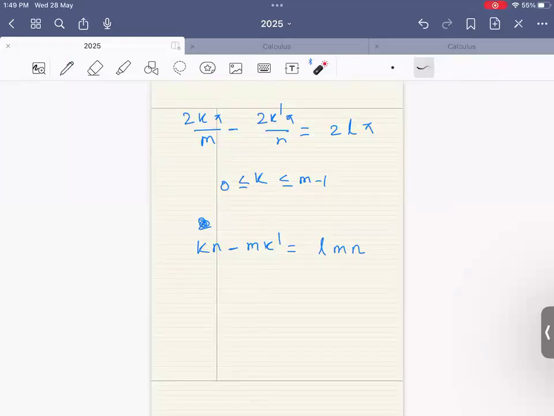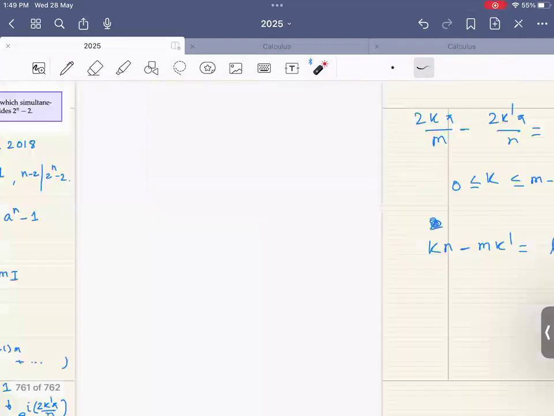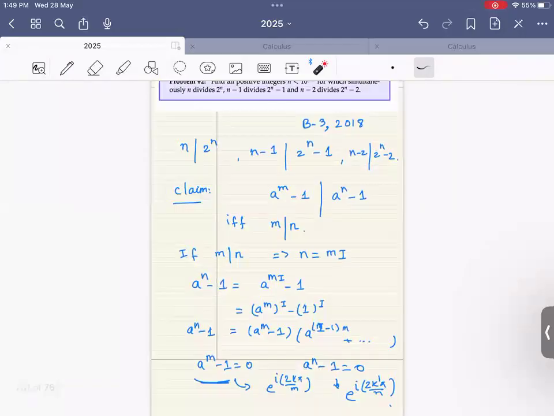So that's the thing, that it must not, because there will be some prime. You can think of it this way: suppose this number divides this number and still m doesn't divide n. Which means that there's some prime p which divides m but is not there in n, right?